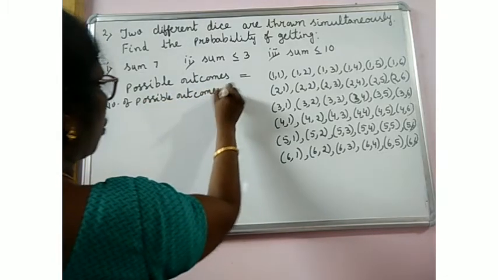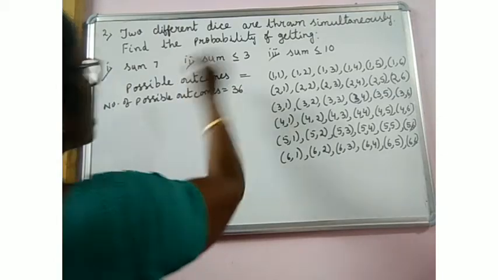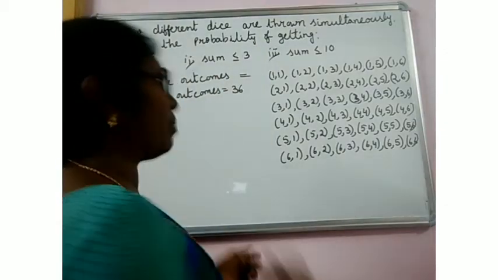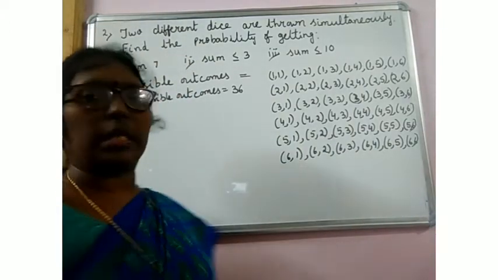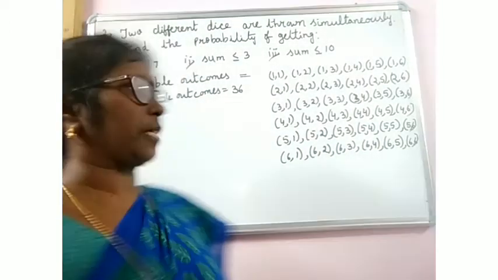So when two dice are thrown, we get 36 possible outcomes.